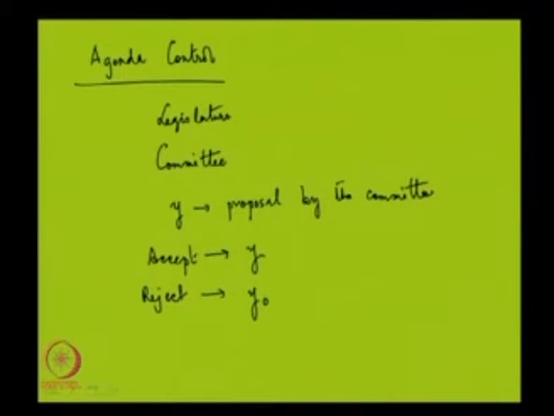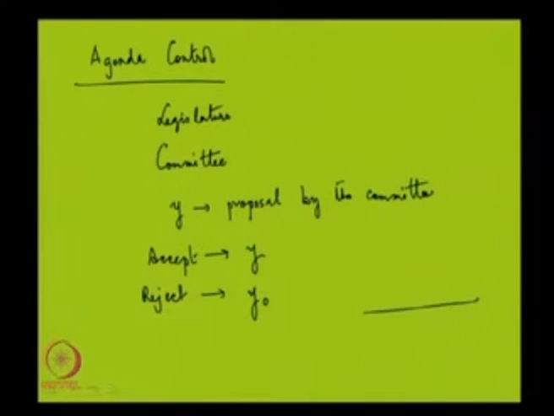What about the preferences? We are going to assume that these two players, legislature and committee, have what is known as a single peaked symmetric preference. What does it mean? It means that you have a one dimensional variable, where you like, suppose, this Y star, and if you are at Y star, that is best for you. The further you go from Y star, whether to the left or to the right, you are worse off in an increasing fashion.